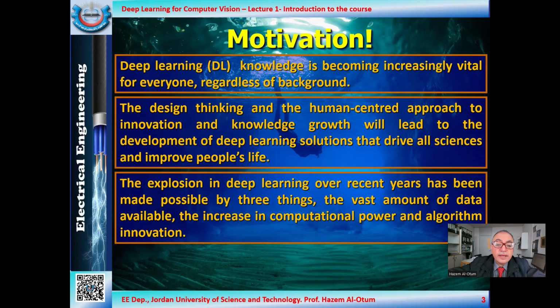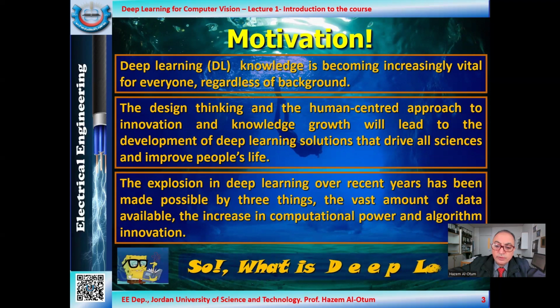And also there's a monotonic increase in computational power, algorithms, and innovations in this direction. All these topics have led to the need for new technologies and new approaches like deep learning.